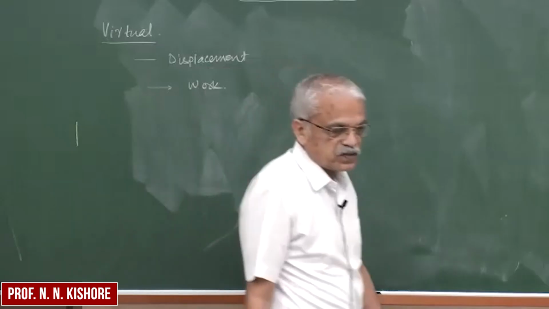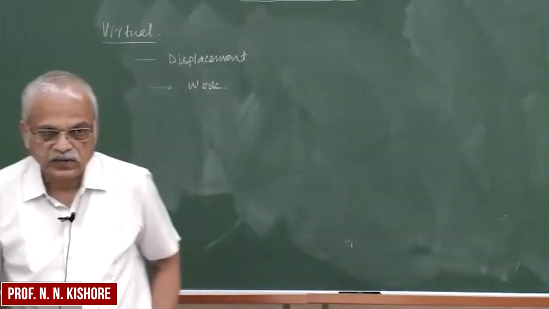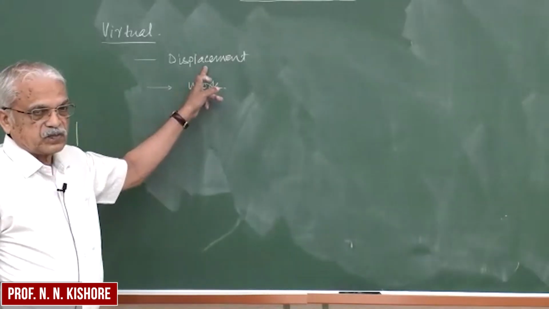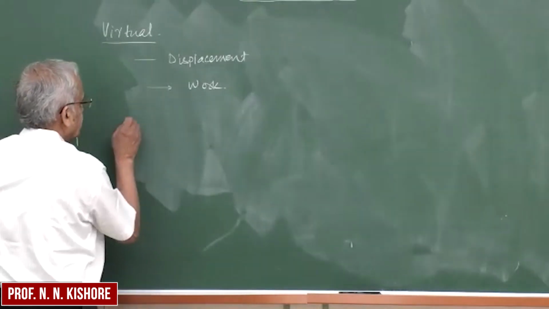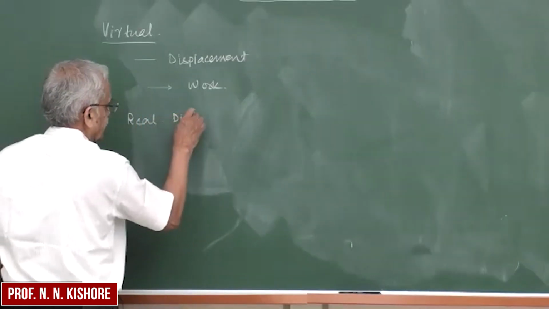If the displacement is virtual, then the work associated with it is also virtual work. So let's try to understand what we mean by displacement. There are real displacements, and this is in contrast with real displacement.